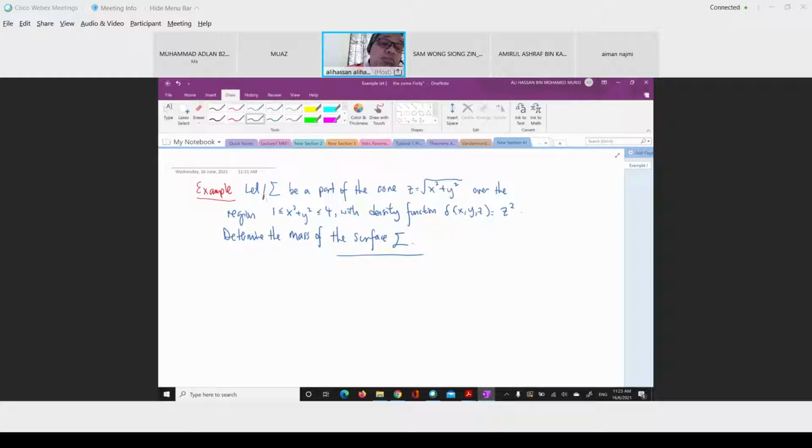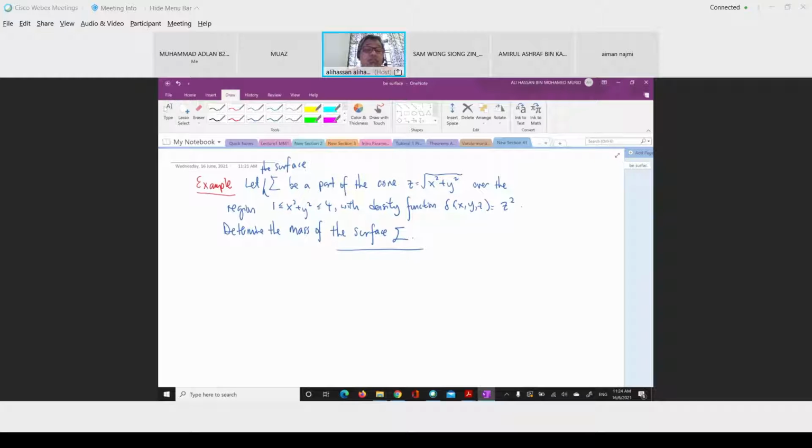We should add here, let the surface sigma be a part of the cone z equal to the square root of x squared plus y squared over the region x squared plus y squared greater than or equal to 1 and less than or equal to 4, with density function z squared. Determine the mass of the surface.